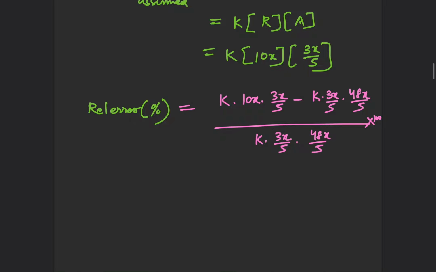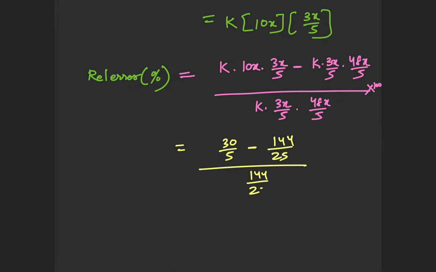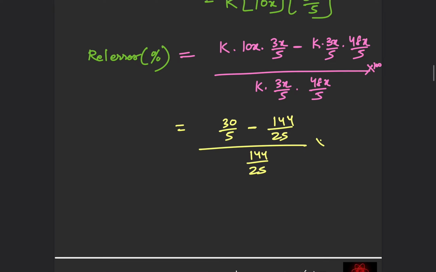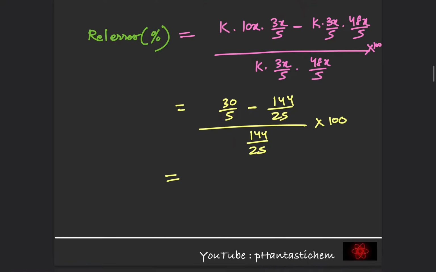Okay, so you can see k cancels, x square cancels, so we are left with 30 by 5 minus 48 into 3 is 144 by 25, divided by 144 by 25, into 100. And so this is 150 minus 144 by 25 into 25 by 144 into 100.